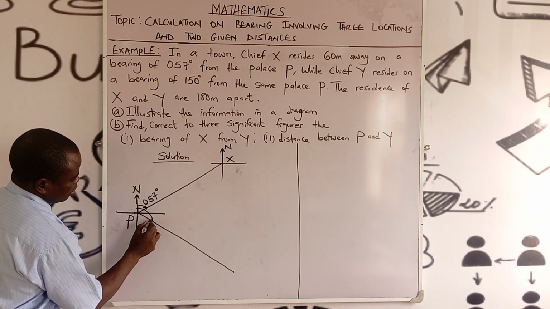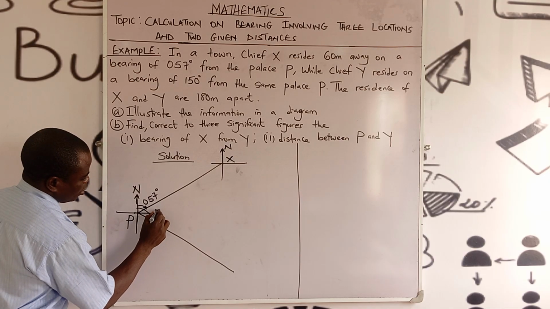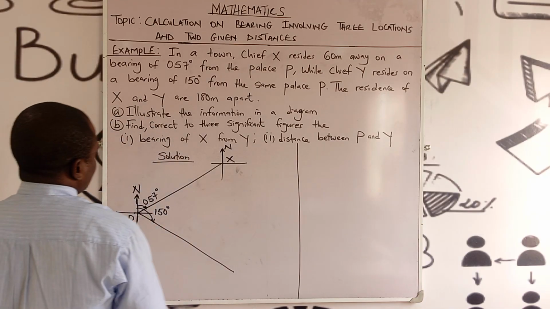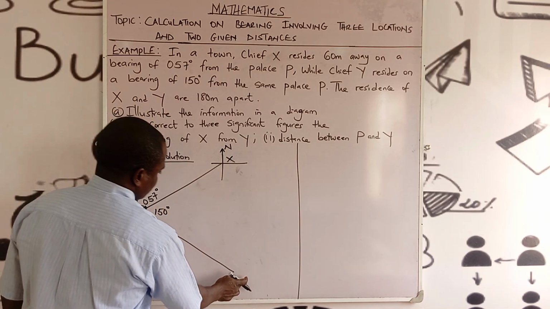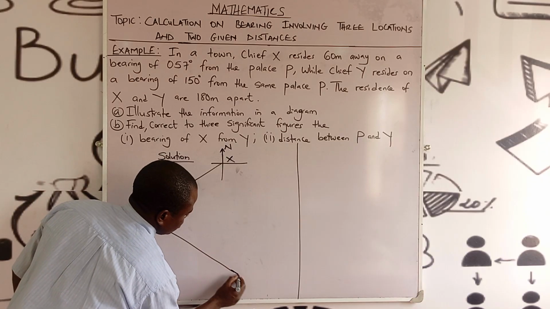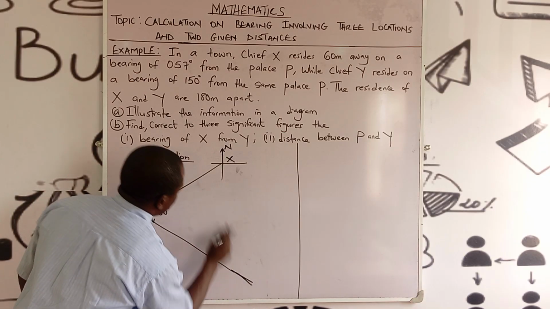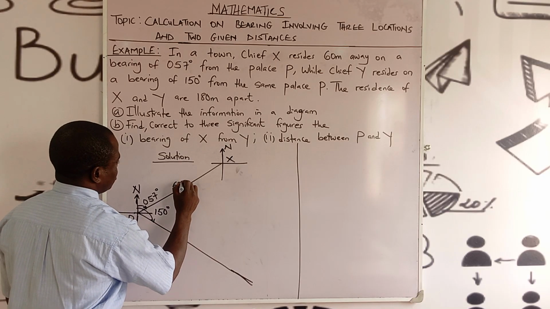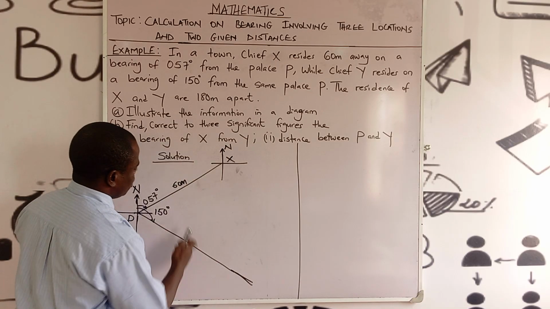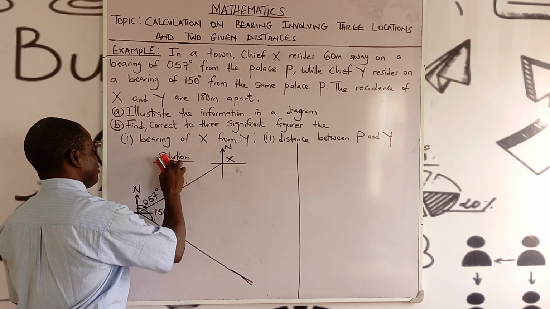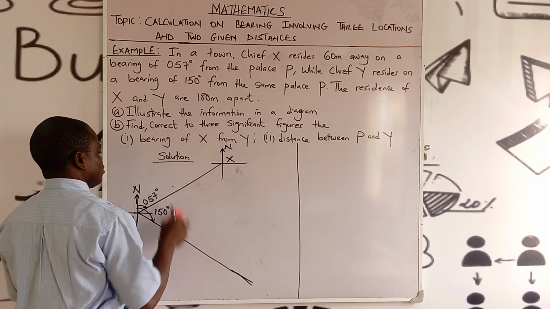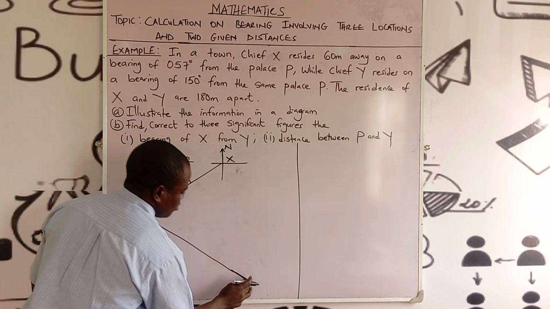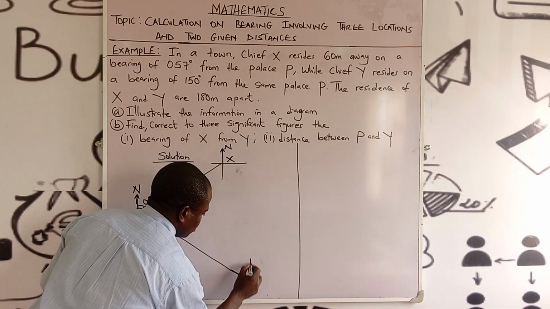The arrow goes like this. That's 150 degrees. That's Chief Y, and Chief Y will be here. Make the distance longer, so that when we are joining it together, it will be longer than the 60 meters. Draw your cardinal points.